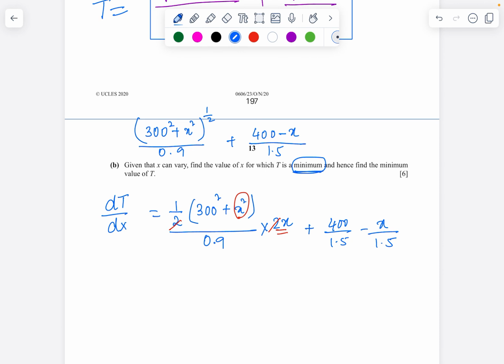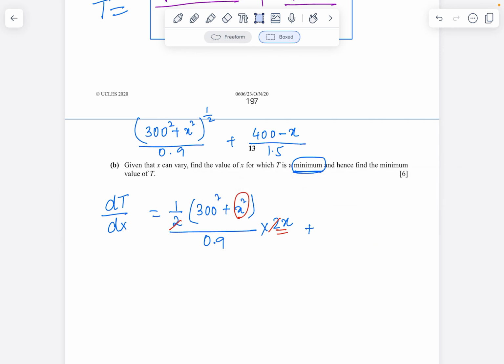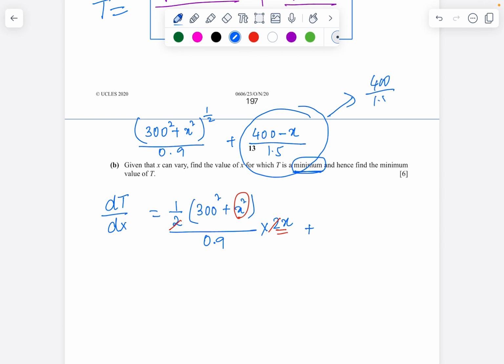So this is a number, so it basically disappears. Wait, what am I doing? This is we already dy by dx, right? So I will change this one to 400 by 1.5 minus x over 1.5. Yeah, so this is a number itself, it disappears, right?